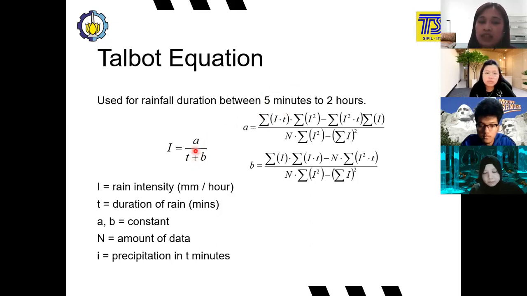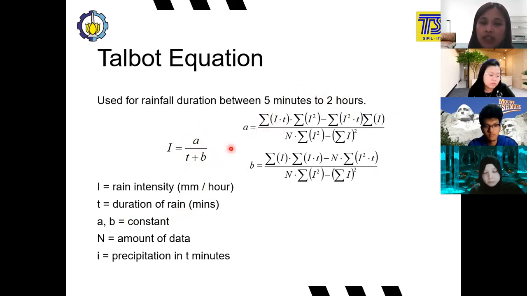The equation consists of A and B as constants, and T as the time duration of rain. For A and B, you have to calculate them using this equation.